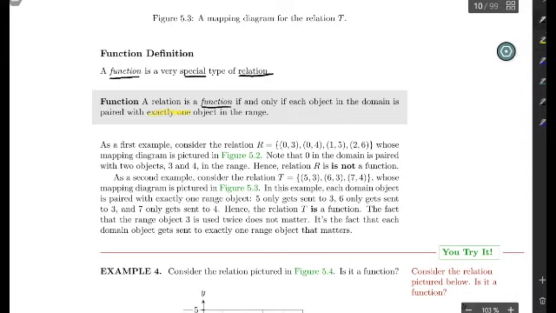Alright. So for instance, 0 here is paired with 3 and with 4. So this is not a function because we have something in the domain paired up with more than one thing.